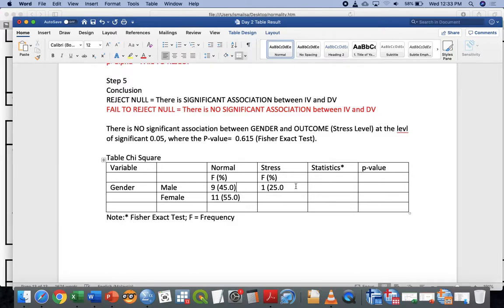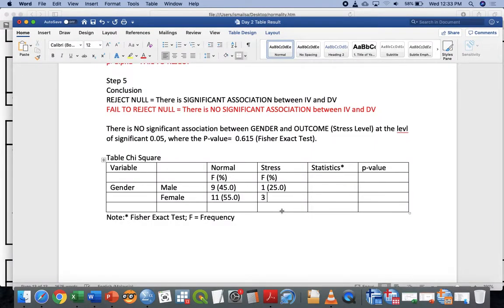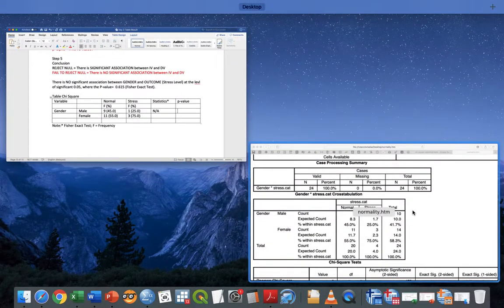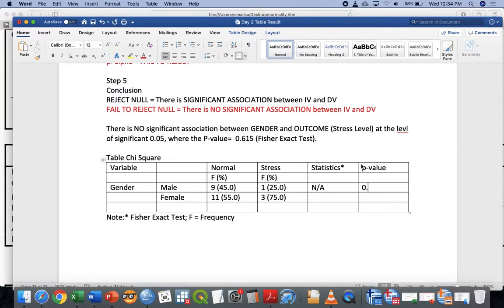And then the last one will be 3, 75.0. Then you put the statistical value as NA, because Fisher exact does not possess any statistical value. It's just giving you some idea of the exact significance, 0.615. This is how you report.